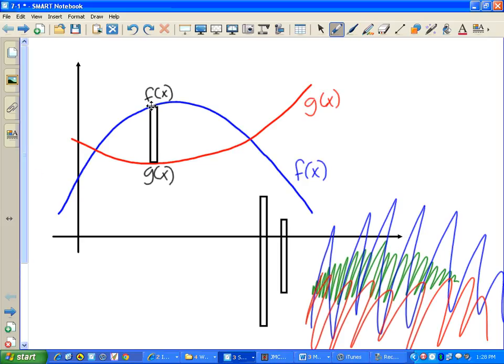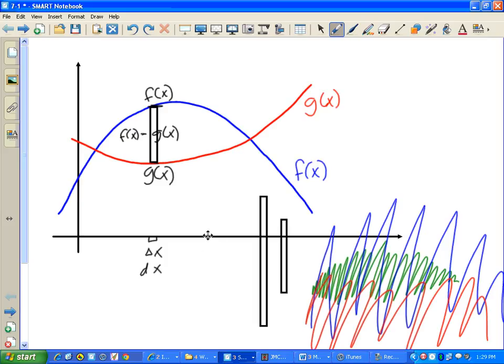So really, if I wanted to take a bunch of these rectangles, this height here would be f of x minus g of x, right? This value here is f of x, this value here is g of x. So its height is the top minus the bottom. And then its width would, of course, be our normal width, which is just our delta x, or dx in integral notation.